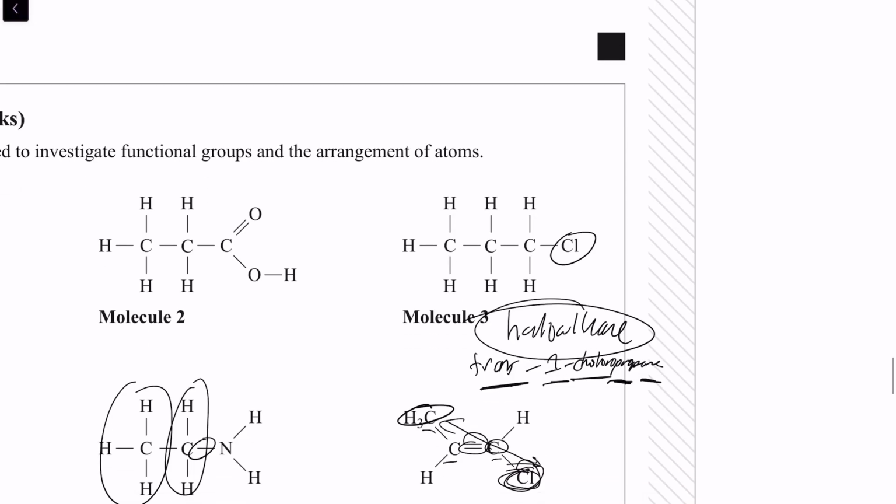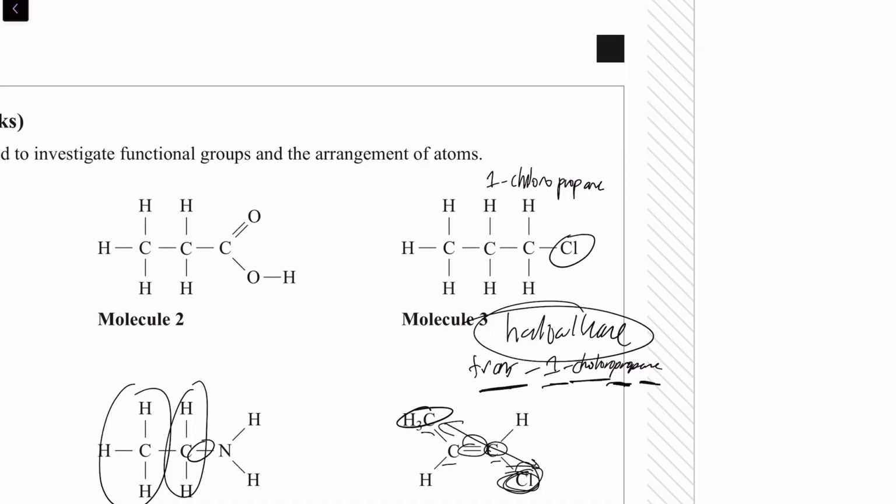And because we know molecule 3 is actually 1-chloropropane, as in a haloalkane with a chlorine, which is our halogen, on the first carbon.